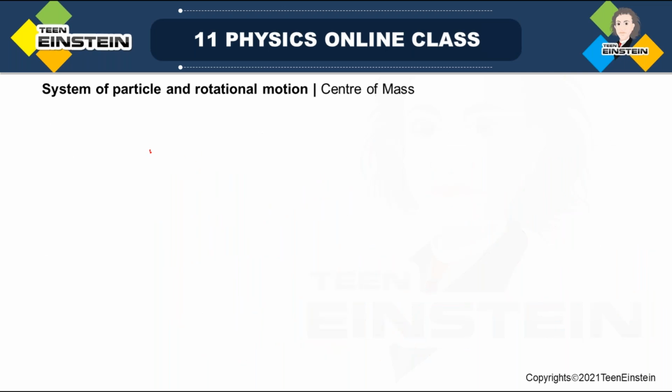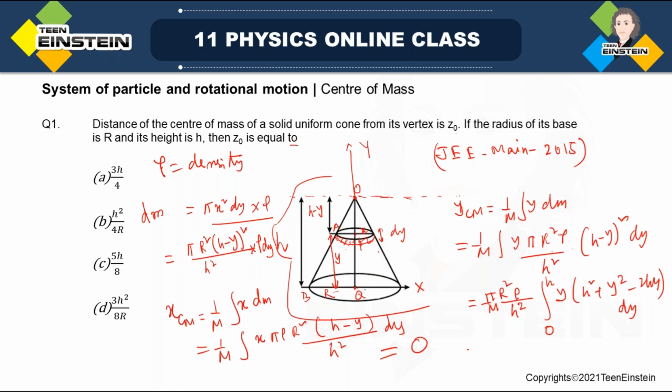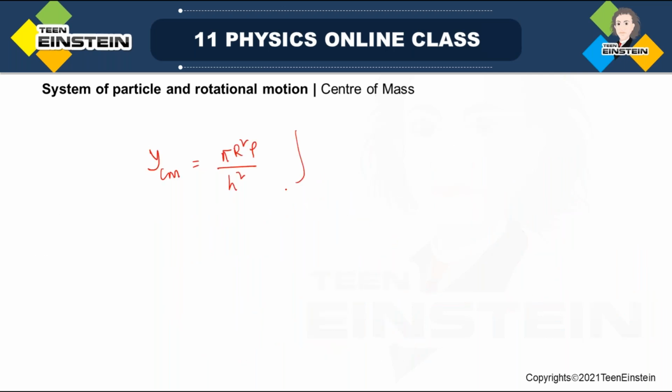If we do the integration now, let me go to some blank page. To find y_cm, I have pi r square rho by m h square, and here y times (h square plus y square minus 2hy) into dy. This factor, let it be there.